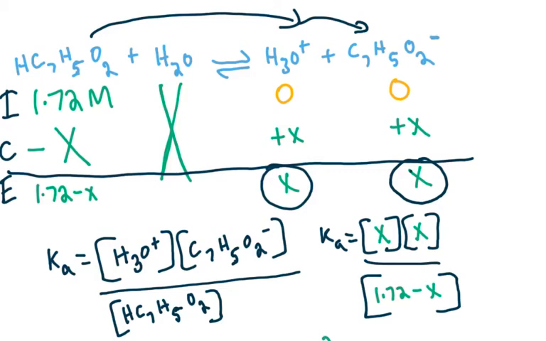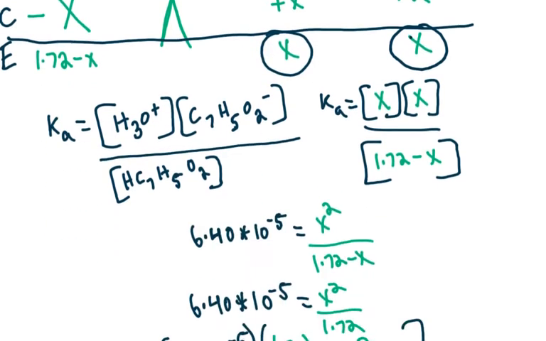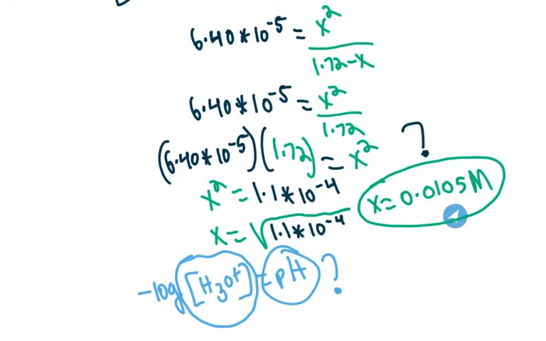But we need to find the pH according to the problem, so all we need is the hydronium concentration. The hydronium concentration says it's X, and we found X, so that value is also our hydronium concentration.